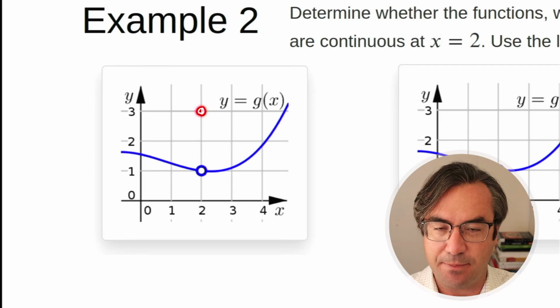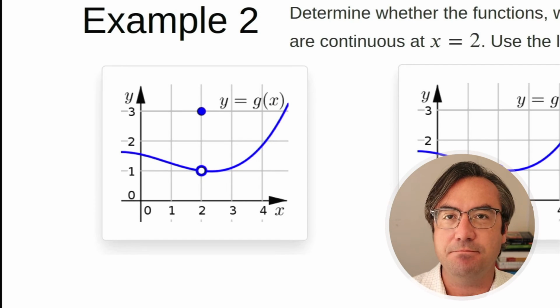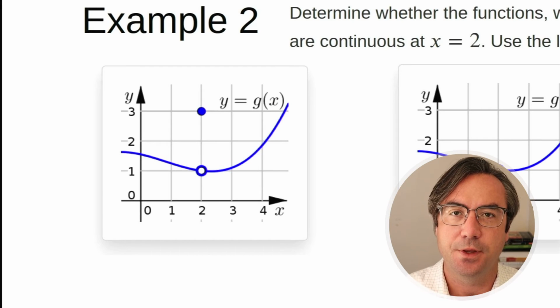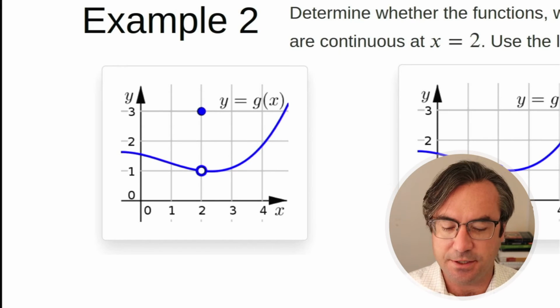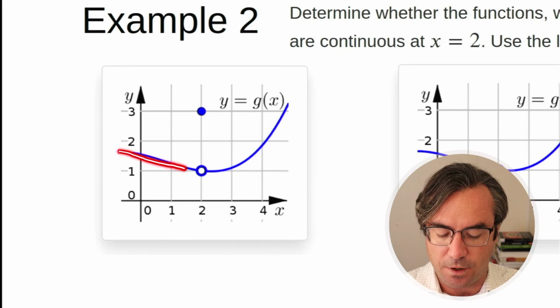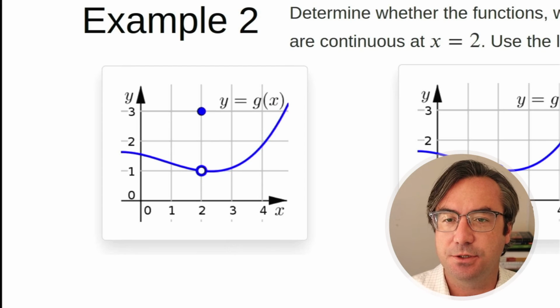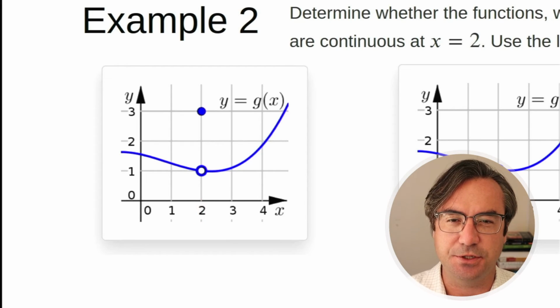And then after I draw that point, I have to take my pen off the page again, and then bring it back down here to continue drawing the rest of the curve. So I cannot draw this curve in one continuous motion without taking my pen off the page. And the issue happens right there at x equals 2.